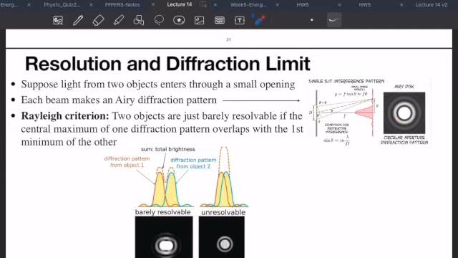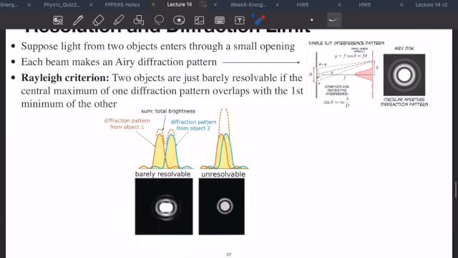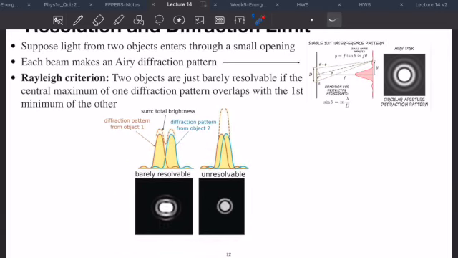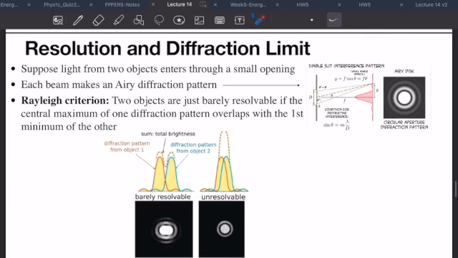And Rayleigh's criterion is basically, let's say you have two different sources whose light shines through the aperture, and they'll form two of these Airy patterns right next to each other. Here are possible examples of overlapping Airy patterns. If I were to take a line cut through this Airy pattern, the intensity of the light can be plotted.